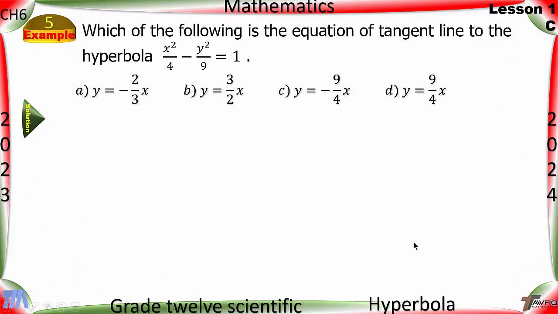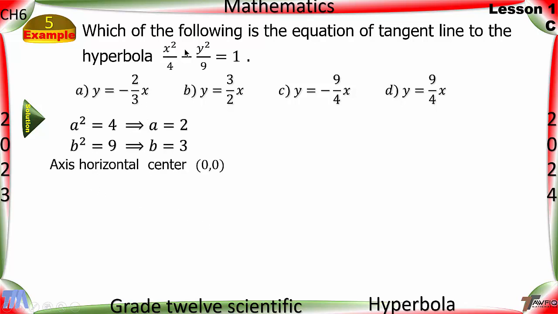Example number 5. Which of the following is the equation of the tangent line to the hyperbola x squared over 4 minus y squared over 9 equals 1? First of all, the first number is a squared, so a squared equals 4. By taking the square root of both sides, a equals 2. And the second one, 9, is b squared, so b equals 3.